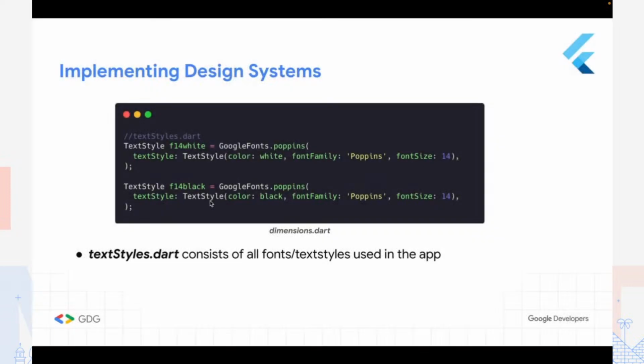If you see here, the textile code is actually longer than F14 white. So instead of just mentioning F14 white, you will end up writing all this code, and if you do it in more places, you're going to spend more time on repetitive things.